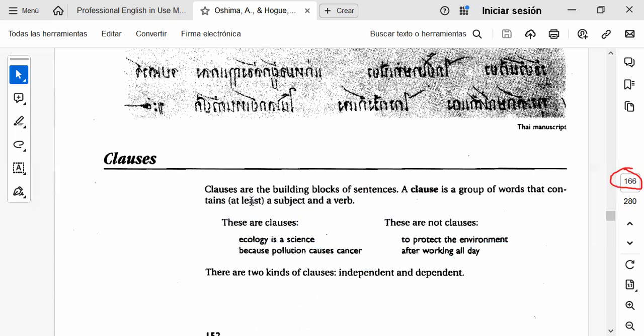It's a group of words that contain at least one subject, ecology, and a verb. Yeah? Okay. In this other case, there are no clauses: to protect the environment after working all day. Okay.